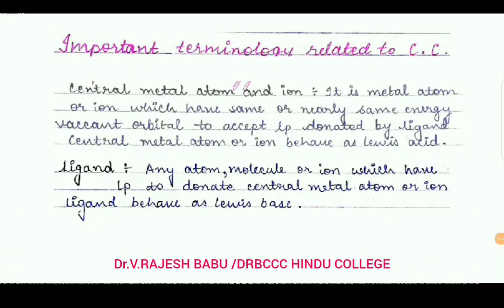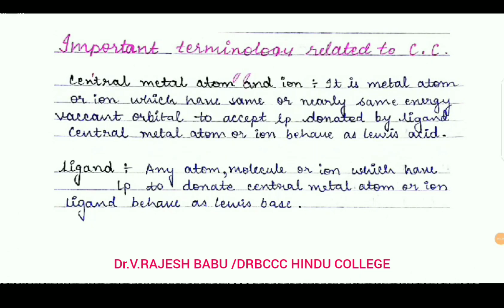So let us discuss some important terminology related to coordination complexes. Central metal atom, you know very well: the metal atom or ion which has vacant orbitals of the same or nearly the same energy, so that it accepts the lone pair donated by the ligand. The central metal atom or ion behaves as a Lewis acid.